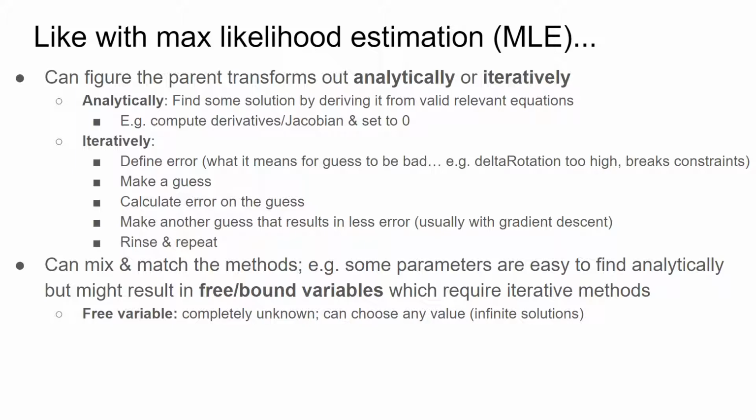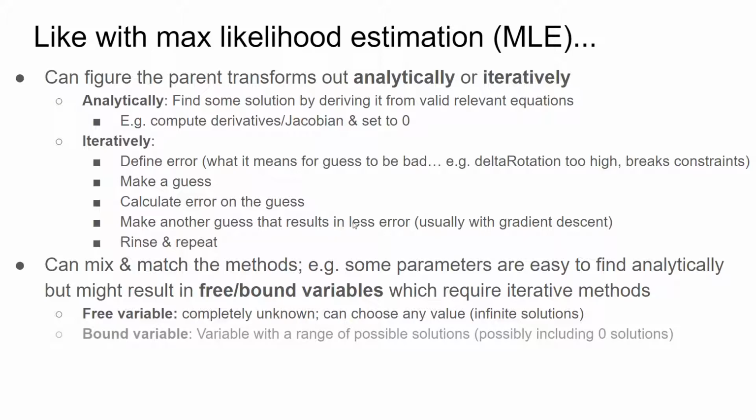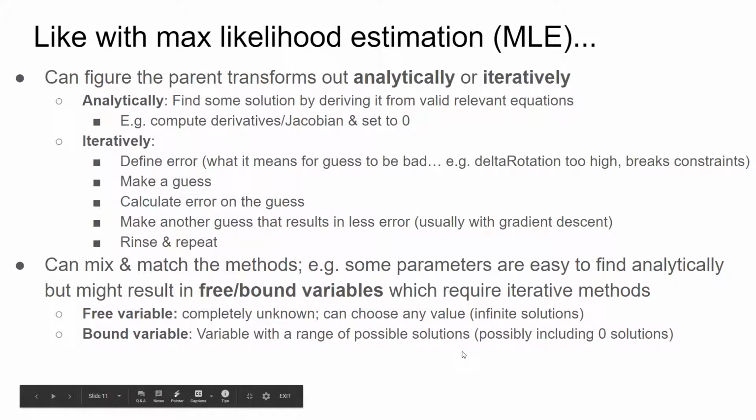You can choose any value for it, and the assumption there is that x and y will give you a reasonable answer, although that's obviously not always the case if your parametric equations are not contiguous or something. A bound variable is similar, except you do have a range of possible choices, and thus a range of possible solutions, usually, including maybe 0.